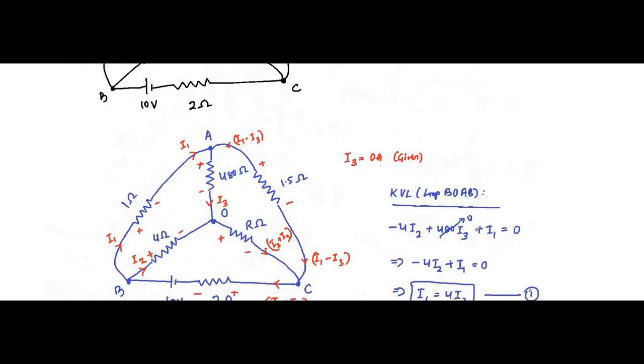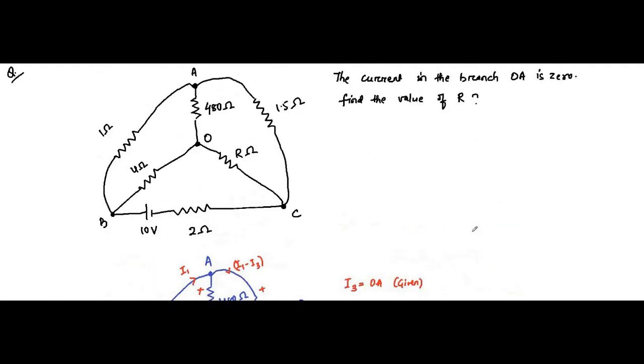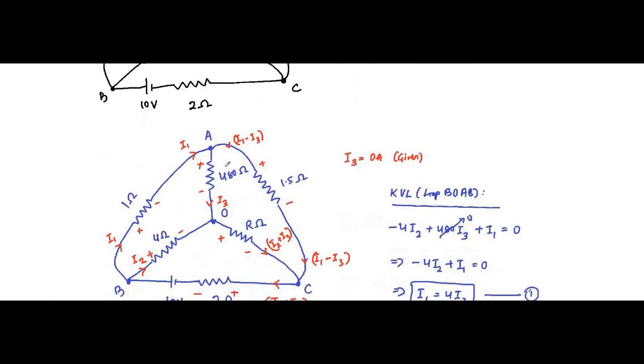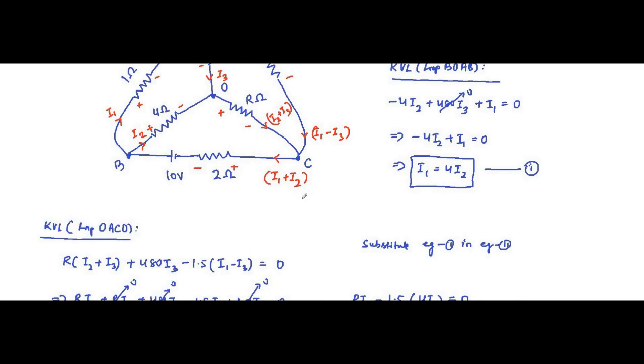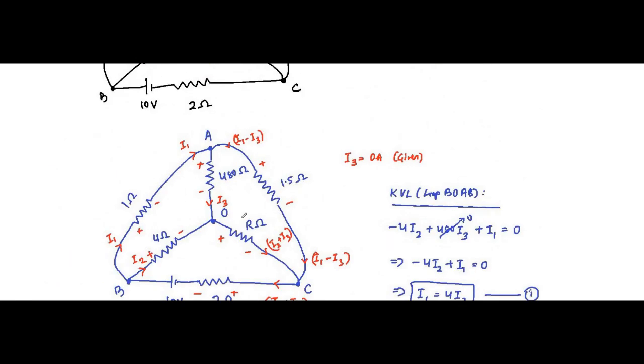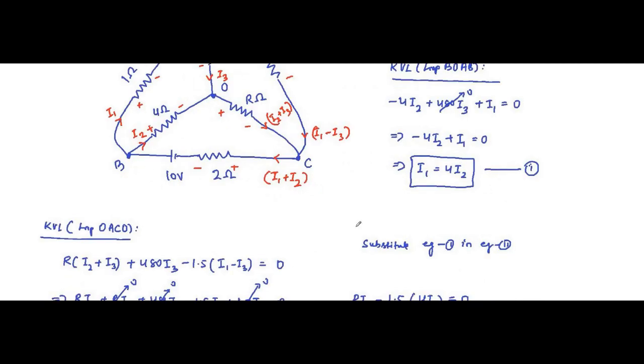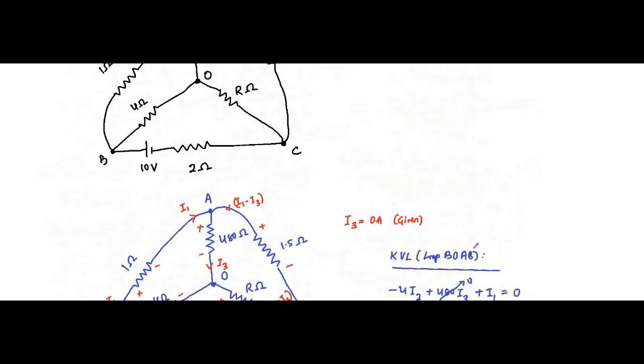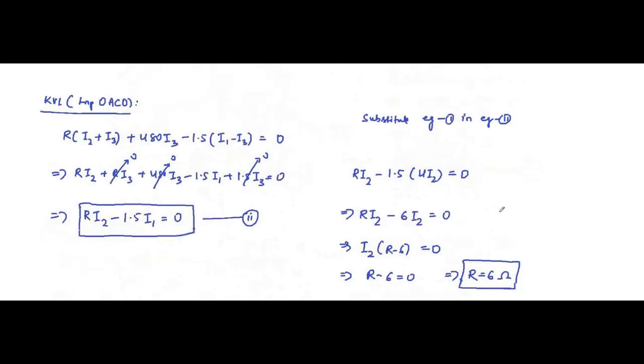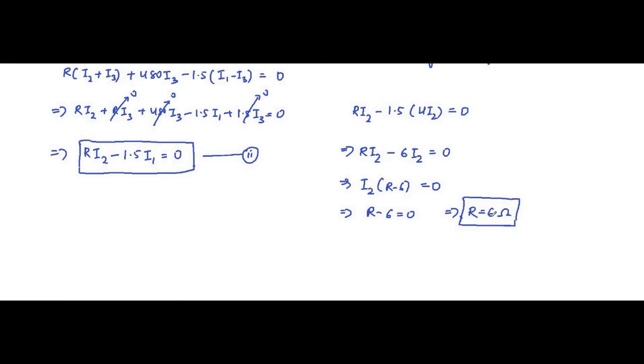But if it is a subjective type question with a lot of marks, and it asks to find the values of the individual branch currents, then of course you have to apply equations in each loop, find the dependence between parameters and current values, and then substitute and get the result. But here there is no need of that. We only wanted the value of R, and we have got it: R is equal to 6 ohm.